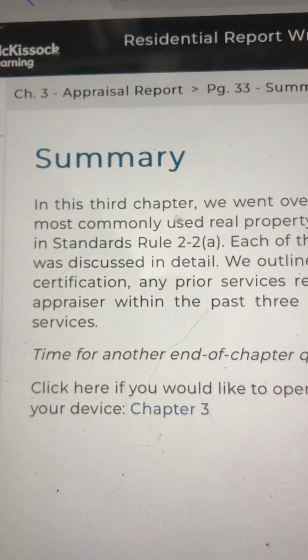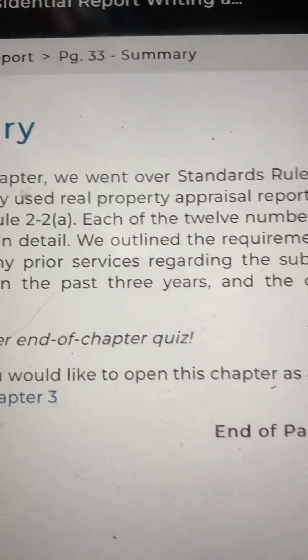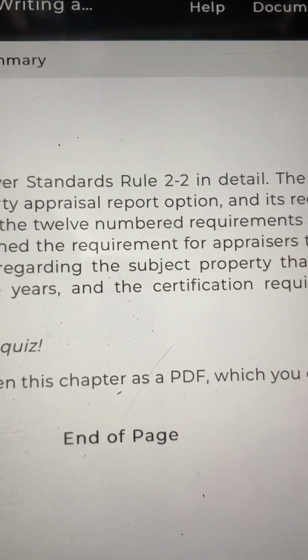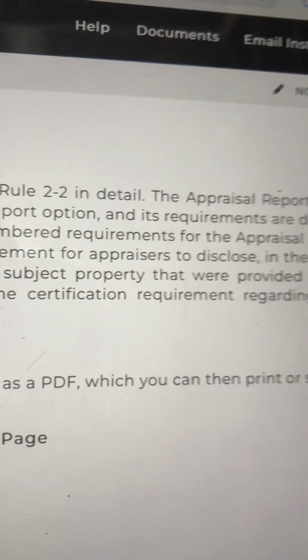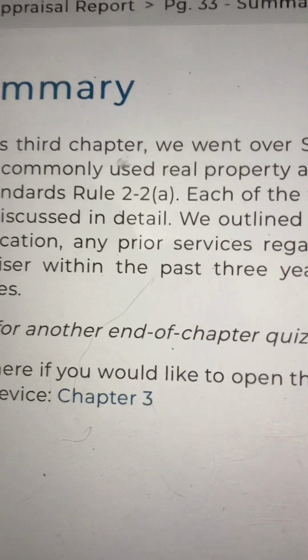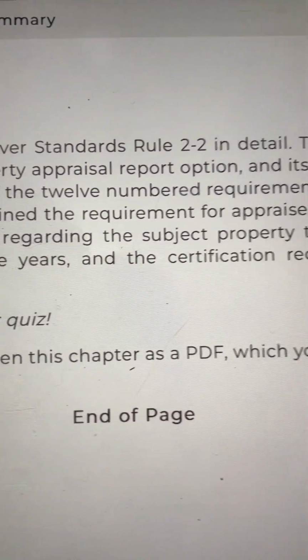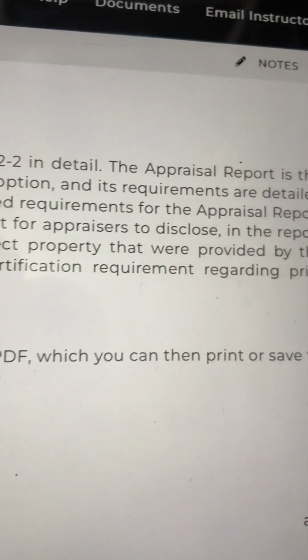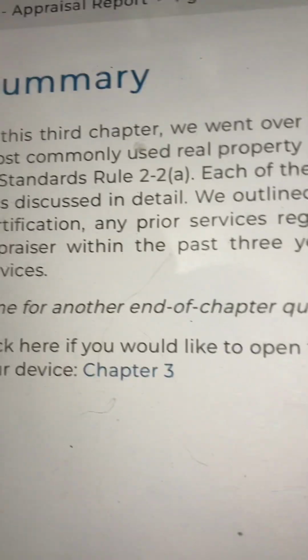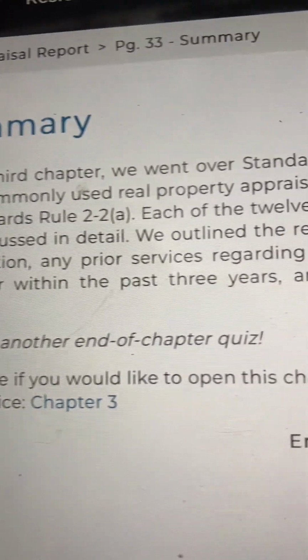Page 33, summary. In this third chapter, we went over Standards Rule 2-2 in detail. The appraisal report is the most commonly used real property appraisal report option, and its requirements are detailed in Standards Rule 2-2A.